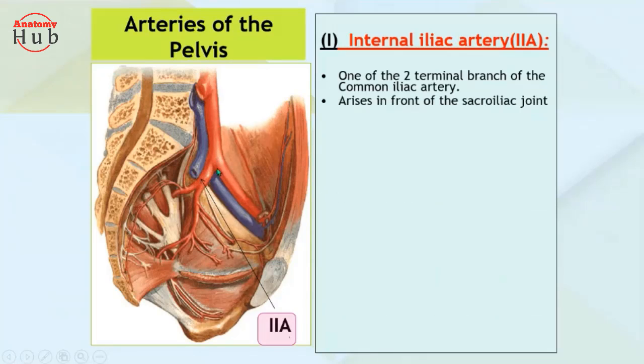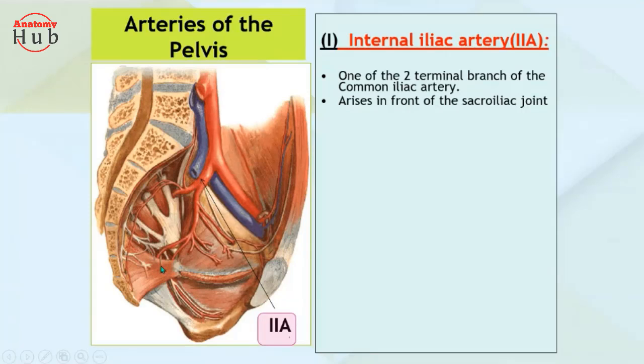Here it arises in front of your sacroiliac joint, just descending downward to the sacroiliac joint. So at the level of the sacroiliac joint only, this internal iliac artery arises. We are not studying the external iliac artery because it is part of your lower limb. When we study the lower limb, at that time we'll discuss it. Now the main artery supplying the pelvis is your internal iliac artery.